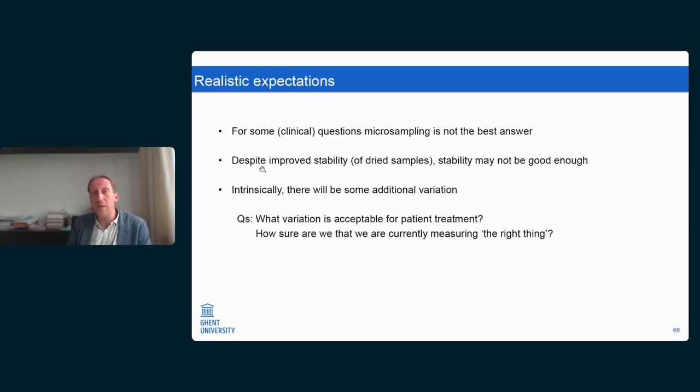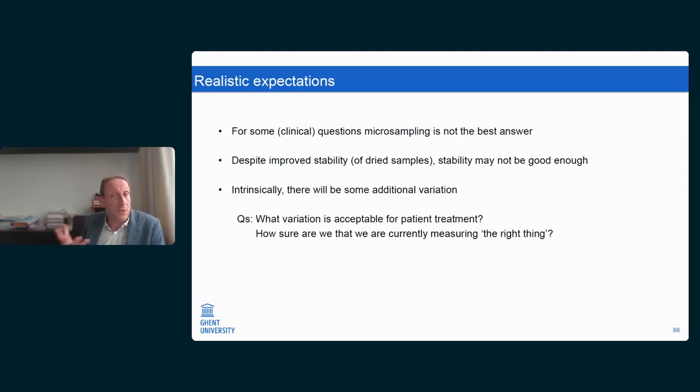I already pointed out that there may be improved stability in dried samples, for instance, but still, we may just decide that stability is not good enough in practice. And intrinsically, there will be some additional variation. And then the question is, what variation is still acceptable if we consider patient treatments? And how sure are we that we are currently, with conventional sampling, measuring the right thing?